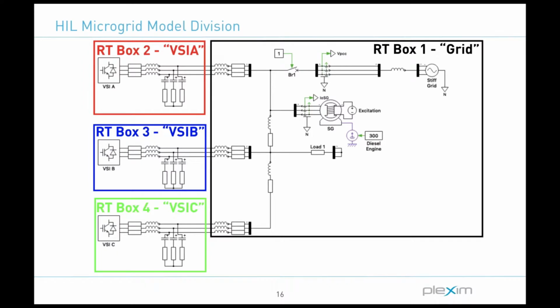And so the reason that we're splitting this model here is that it's a natural point to split the model. So there's a fairly stiff voltage source at the capacitor terminals, and then a fairly stiff current flow on that grid side inductor. And by stiff, I mean that the current and voltage don't change drastically from time step to time step. They're fairly low ripple signals, and so they're largely power frequency in nature. And so we'll look at how this is implemented in more detail once we actually open the model.